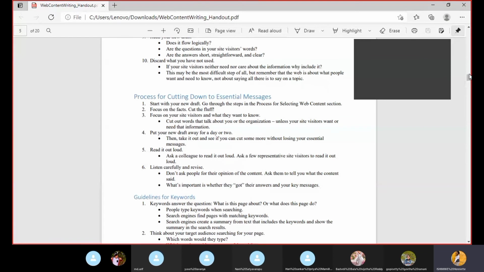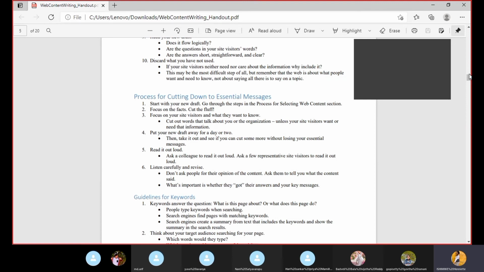And then the third step is about focusing on your site visitors and what they really want to know. Here you focus on what my visitors really want from this content. You don't have to put in things like the organization information. Do they need that?